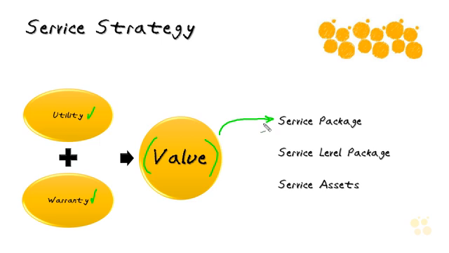Now, service packages are going to be the things that we offer, the services, one or more, that are going to create the value for our customer. That can be made up of three things that we'll talk about shortly: the core services, the enabling services, and the enhancing services. But we also know that sometimes customers might need more utility than they need warranty.